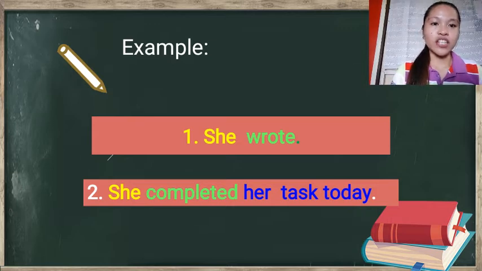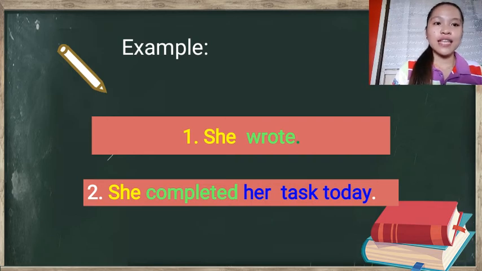Number 1, she wrote. That sentence expresses a complete thought because it has a subject and it also has a verb. So, the verb there describes the subject. So, it expresses a complete thought.